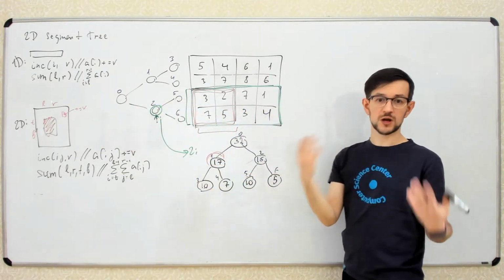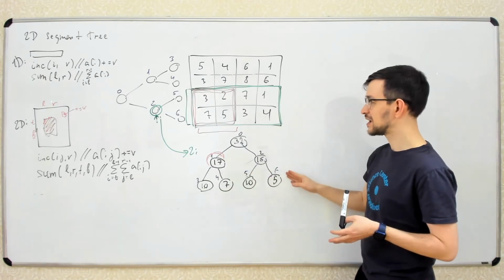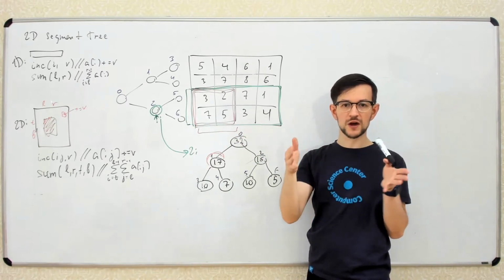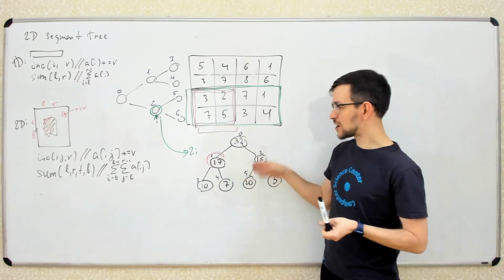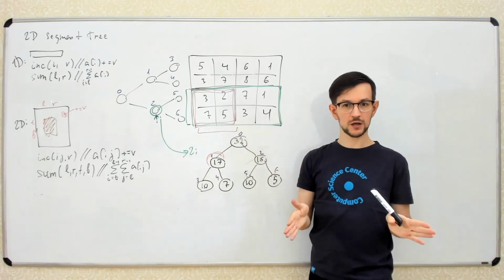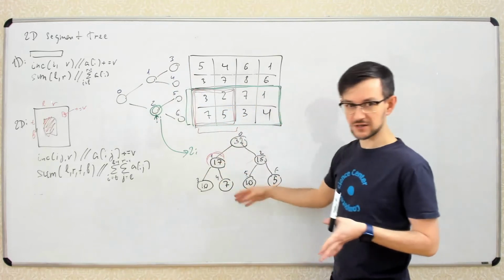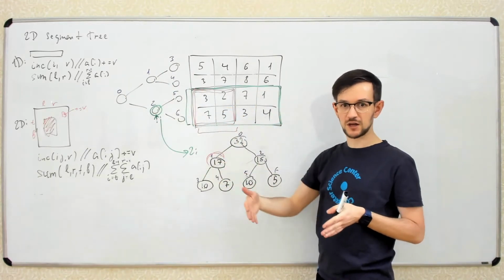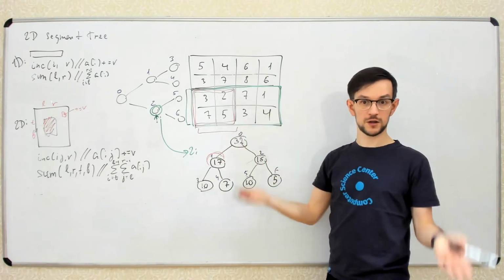This segment tree also can be implemented using an array. So you have an array of 7 elements inside this array of 7 elements. So actually you need to maintain one array 7 by 7. So actually a 2-dimensional segment tree is basically a 2-dimensional array. So here you have an array of arrays. It's a 2-dimensional array. So you make this array 7 by 7 and put these numbers inside this big 7 by 7 array. That's all.